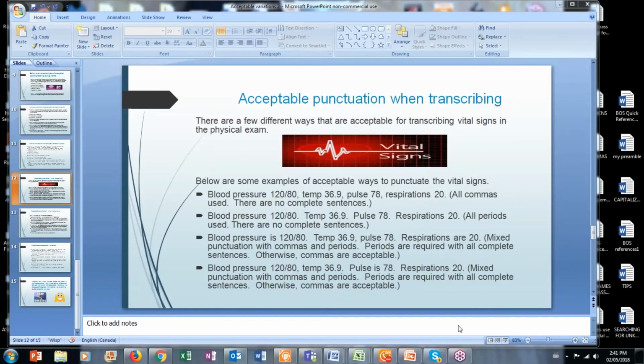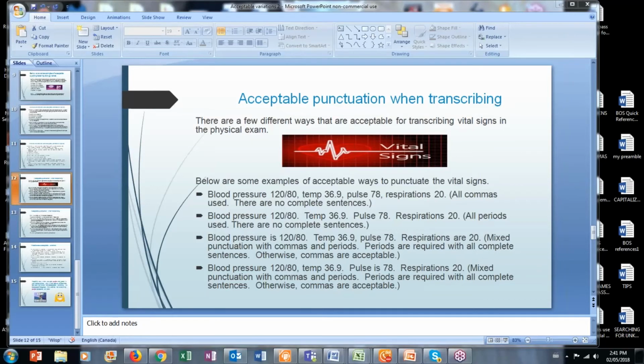Jessica is saying sometimes the key shows semicolons. Okay, the semicolons is completely different. The semicolons would be if there was an internal comma used. So if it was to say something like blood pressure 120/80, repeat was 136/75, temperature 36.9, and so on, that would have to be separated by semicolons because the repeat would need an internal comma.